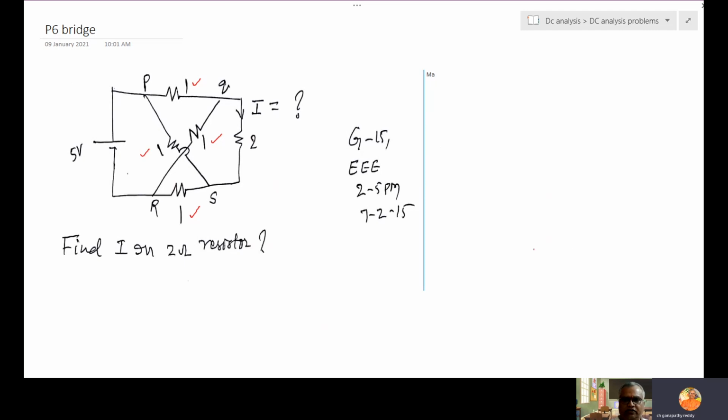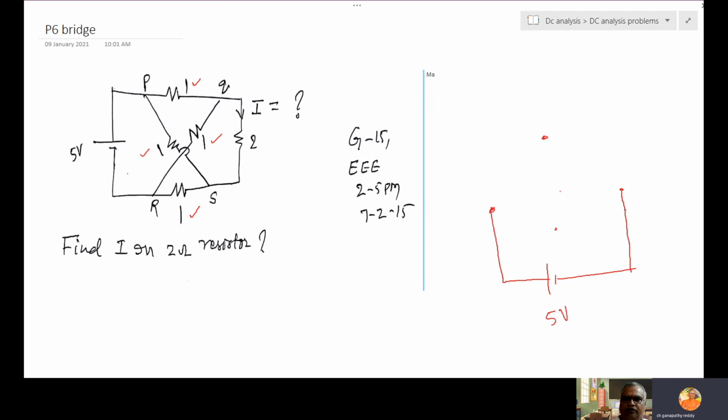So I am drawing the circuit again here. You can draw in any fashion. This is 5 volts. Generally, bridge structure is like this. This is the standard bridge structure.